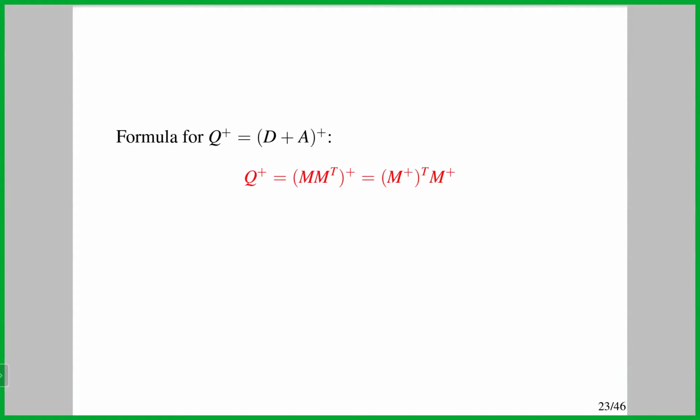You can use properties of M, because Q plus is M M transpose plus. And using properties of the Moore-Penrose inverse, it would be M plus transpose times M plus. And if you know the combinatorial formulas for M plus, then you have a summation formula for Q plus. But things can get really messy.